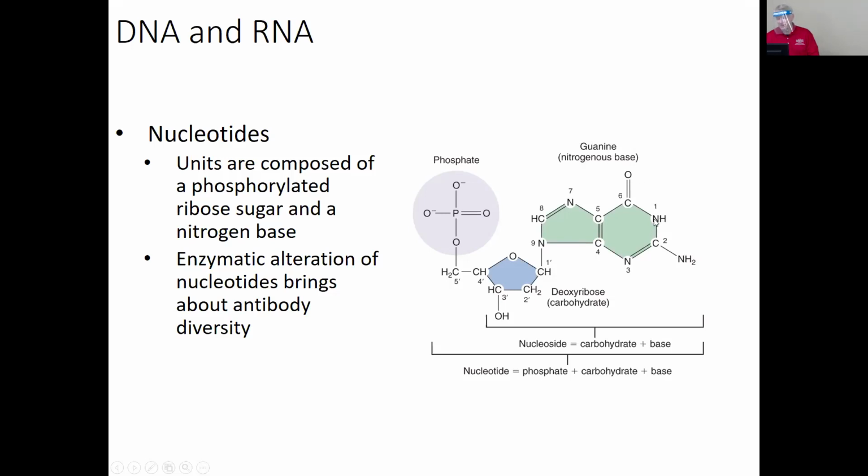So you see a lot of nitrogen here and amine groups. And then over here you got your phosphate. Okay, so the nucleotide is the phosphate plus the carbohydrate plus the base. So the whole thing is known as a nucleotide. So the ribose sugar is either deoxyribose or just ribose for RNA.